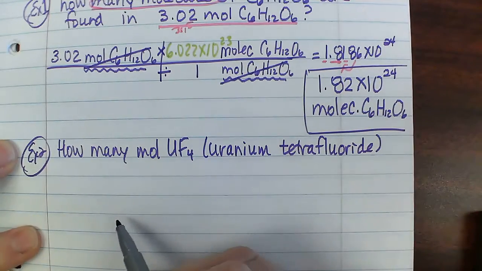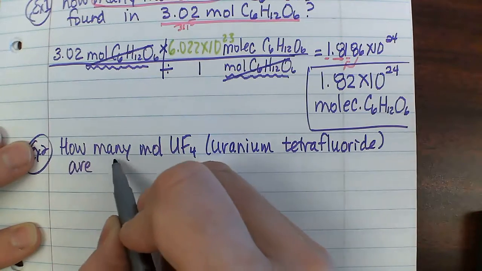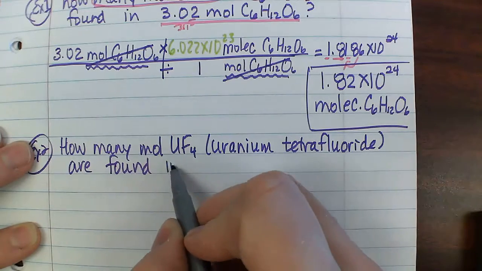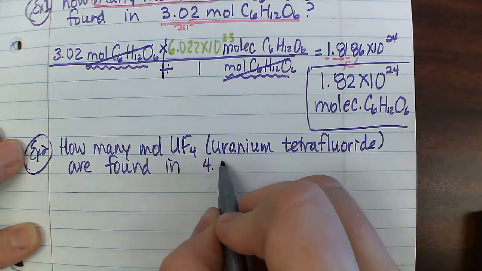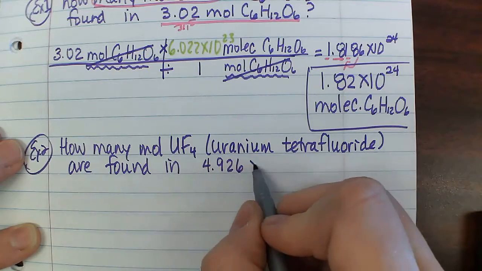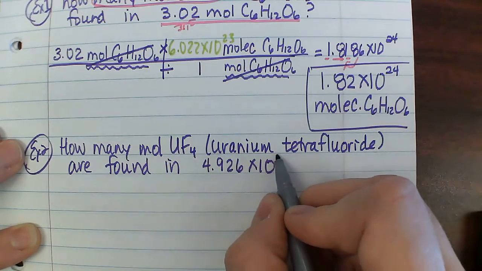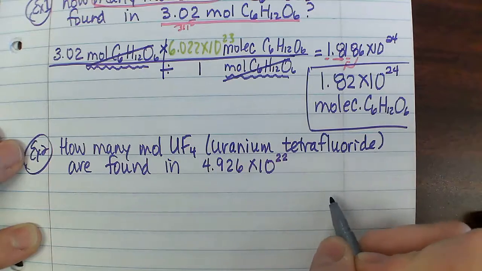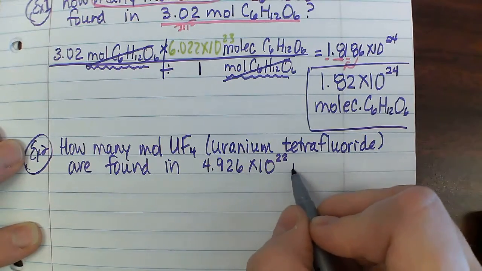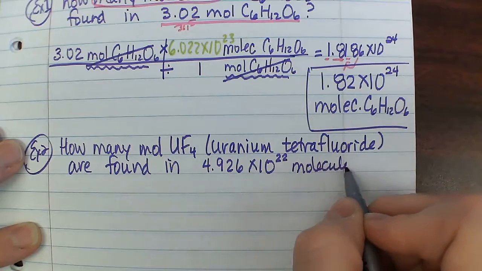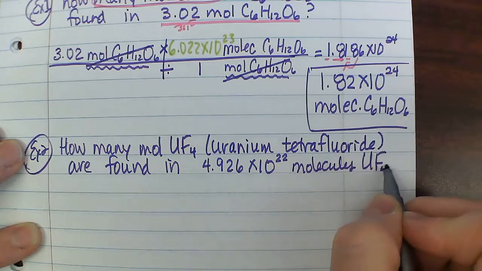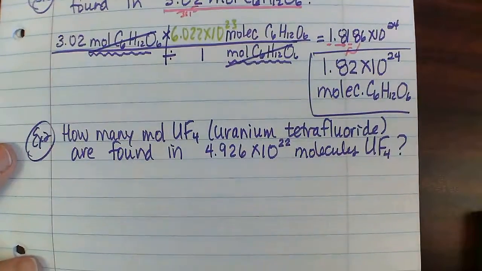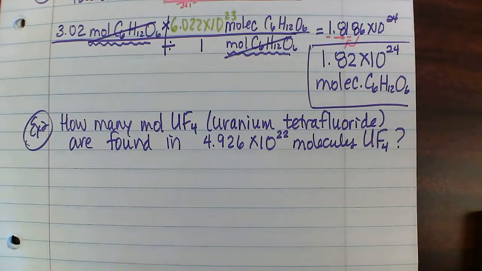How many moles of uranium tetrafluoride are found in 4.926 times 10 to the 22nd molecules UF4?